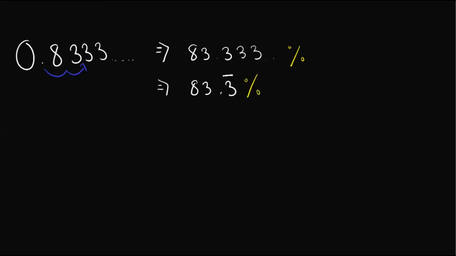Now you might be asking, why not put the bar out here, since it's also 3? But the thing is, if we put it out there, the outcome of this one would become 83333, which approaches infinity in the long run, and that is incorrect, since that is not the answer that we are looking for.